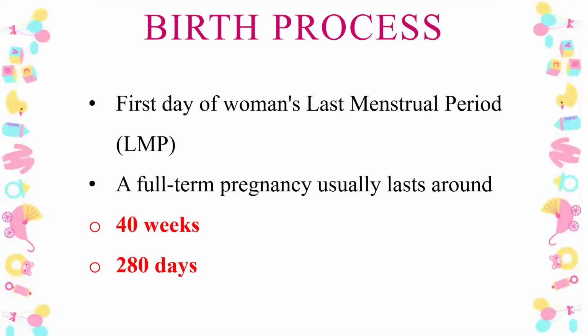Okay, moving forward. So now we have completed the theories of human development. Now let me briefly tell you the process of birth. Full-term pregnancy usually lasts for 40 weeks, which is 280 days. Remember the days, 280 days.